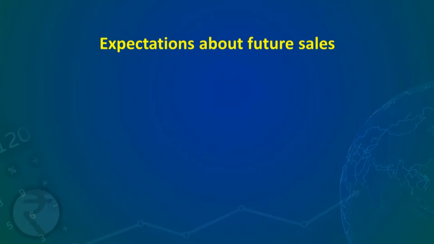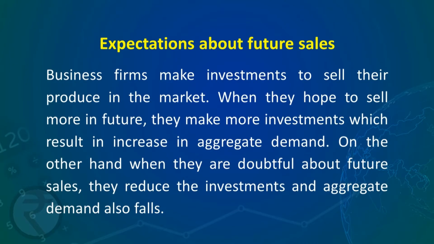Expectations about future sales also affect the investments. Business firms make investments to sell their produce in the market. When they hope to sell more in the future, they make more investments, which results in increase in the aggregate demand.